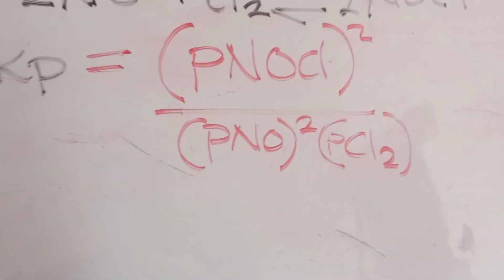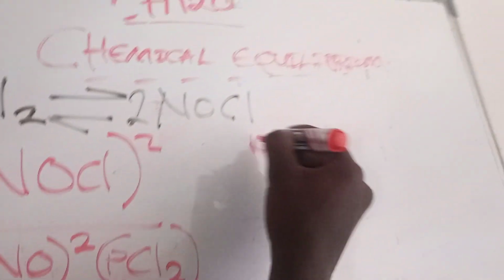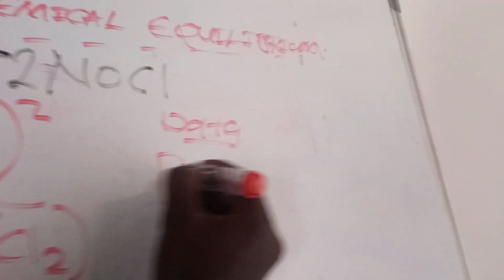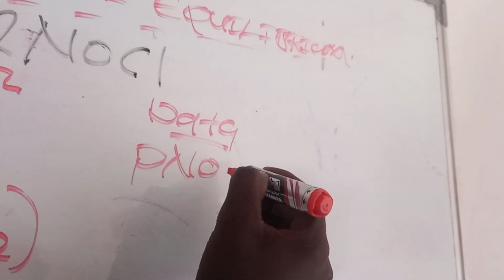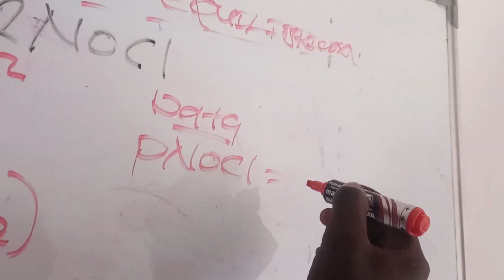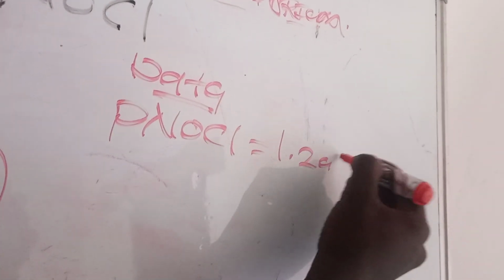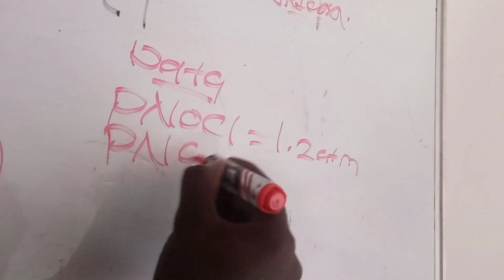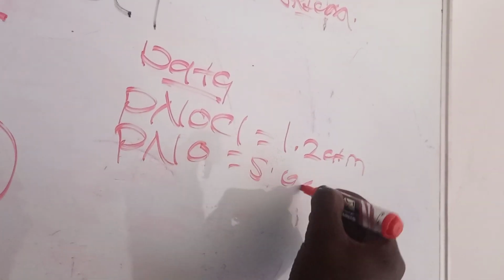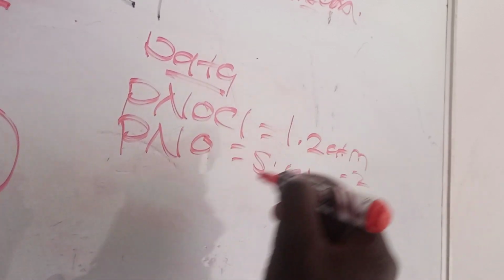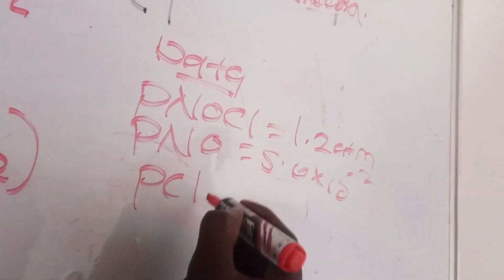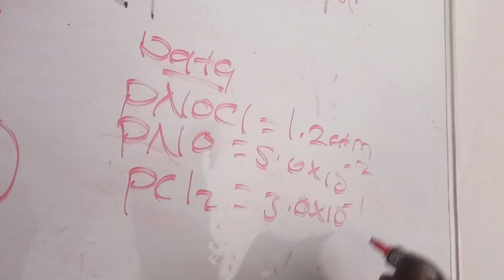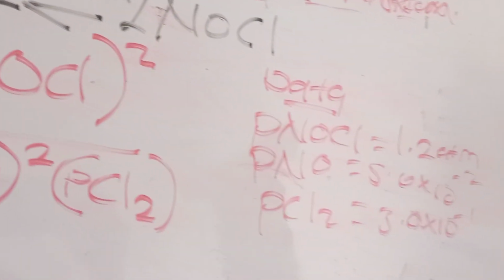Then once you have that, what is your data? Your data, based on what you've been given in the question: P of NOCl is equivalent to 1.2 atm. Then you have P of NO equivalent to 5.0 times 10 exponential negative 2. Then you have P of Cl2 equivalent to 3.0 times 10 exponential 1, hence atm.